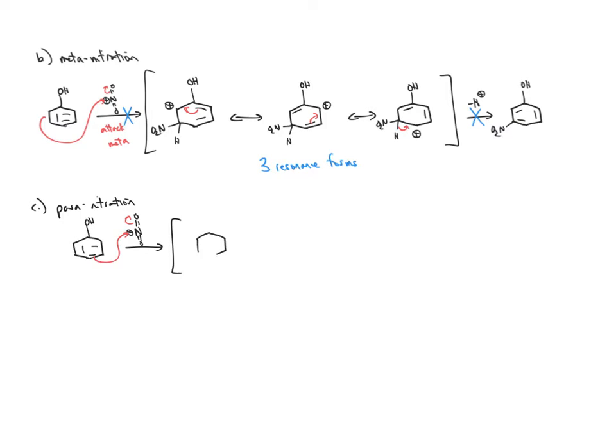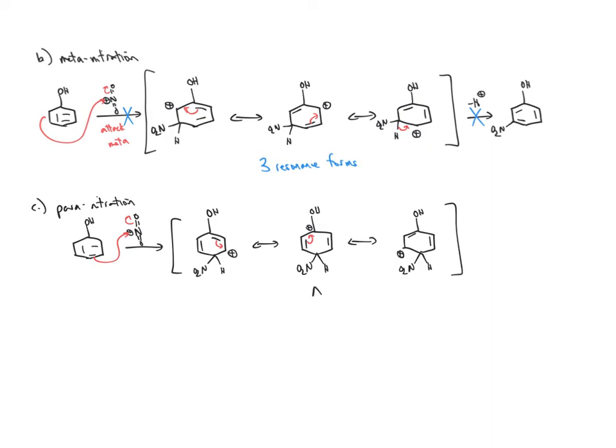I get an arenium ion right there, and then I can move the electrons around the ring. And so there's 3 resonance forms there.